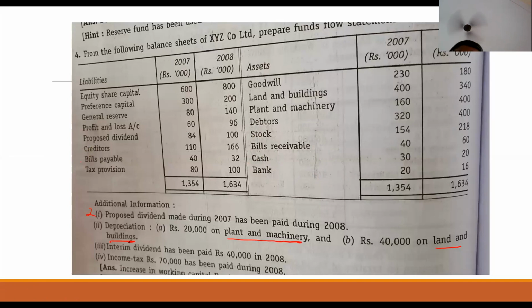After preparing these asset accounts, we'll be getting profit on sale, loss on sale, or sale or purchase of fixed assets. Here only depreciation is given in the adjustments. They haven't mentioned that we have purchased or sold any assets. So that would be the balancing figure.